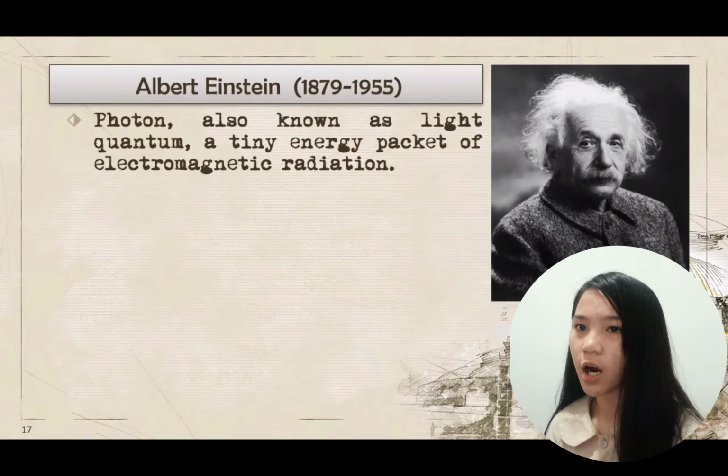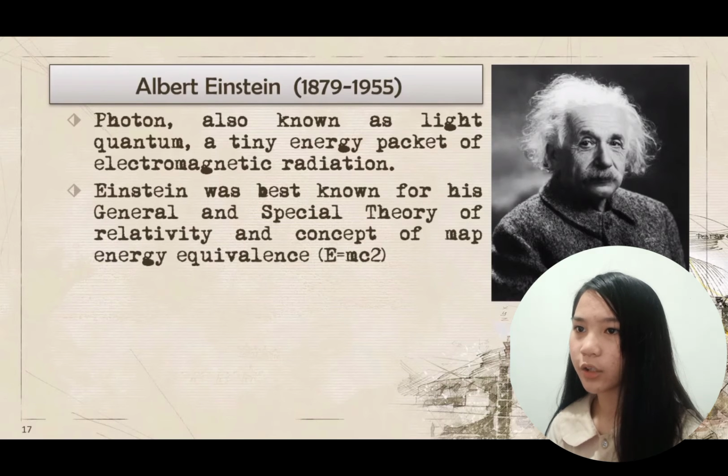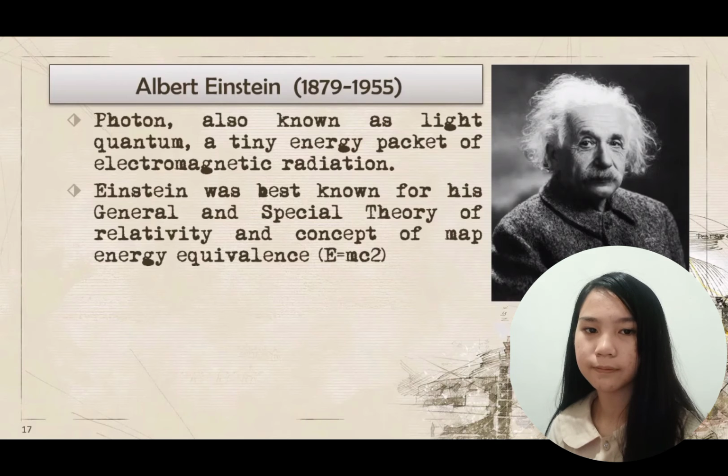It's because there are photons scattered. Einstein was best known for his general and special theories of relativity and his famous formula, E = mc squared. It means energy is equivalent to mass multiplied by the speed of light squared.